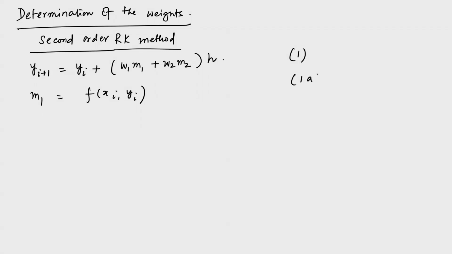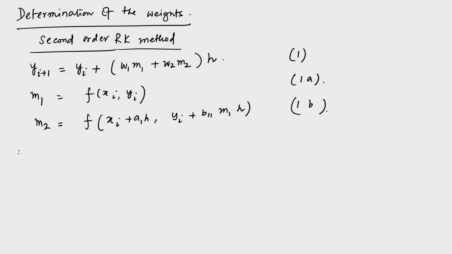Let us call this 1a, and m2 is f(x_i + a1 h, y_i + b11 m1 h), we have written that earlier, and let us call it 1b. Okay.